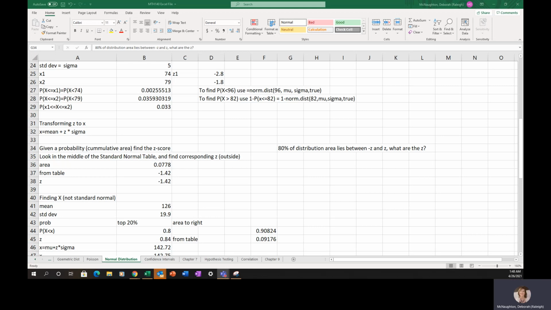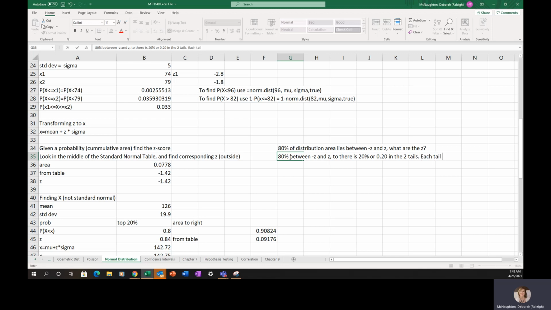So the way that I would do this in Excel is this means that there is 80% between negative z and z. So there is 20%, or 0.20, in the two tails.